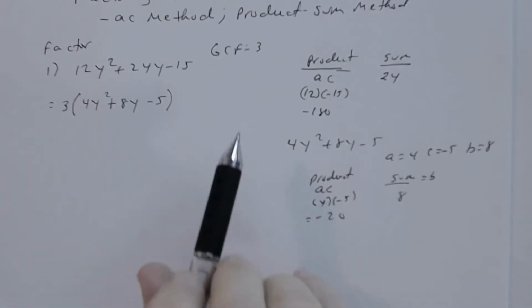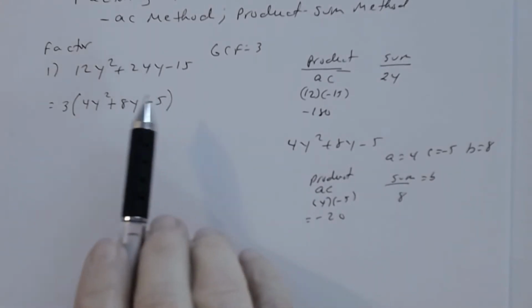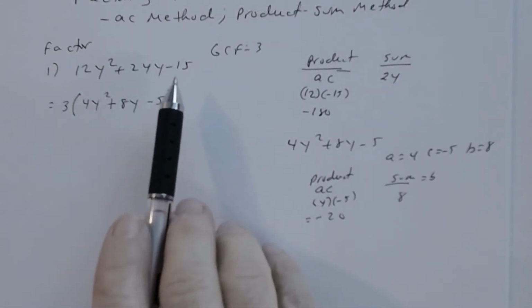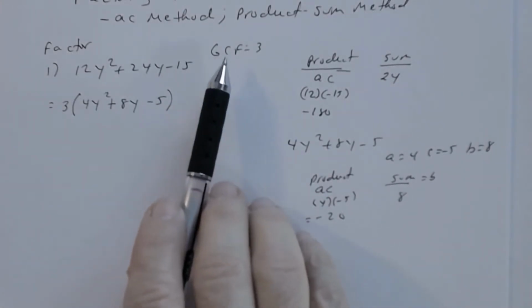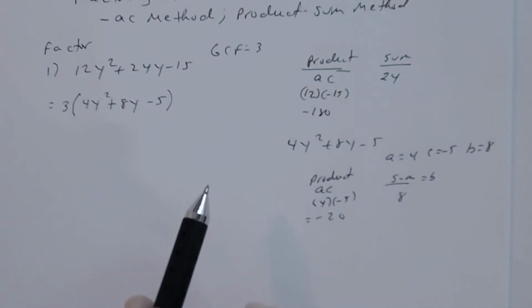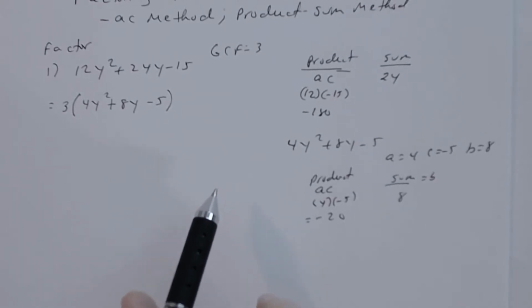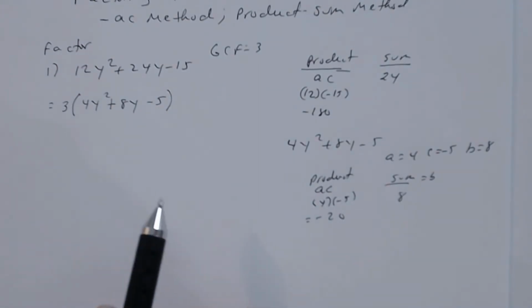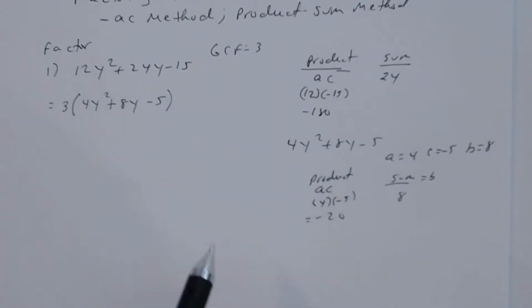So always remember, and that's true any time you're factoring, always deal with the GCF first. Factor out the GCF first. It makes things so much easier to deal with, regardless of whether you're using trial and error or the AC method. So let's continue on with this now.